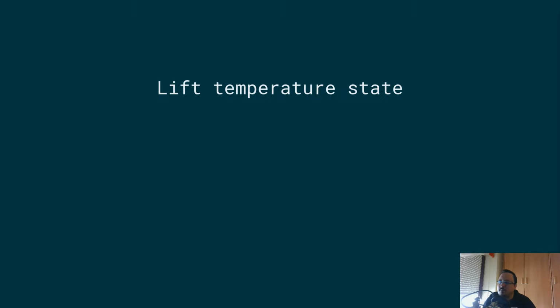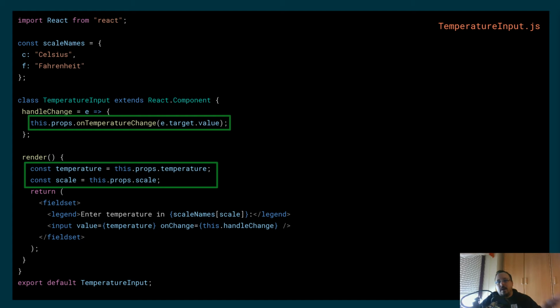But when I want to move the state to the parent, we just change the handle change to call a parent function that we passed from the parent, and in this case it is onTemperatureChange.